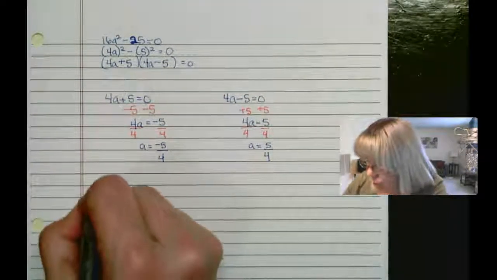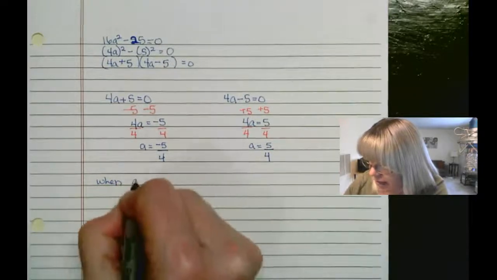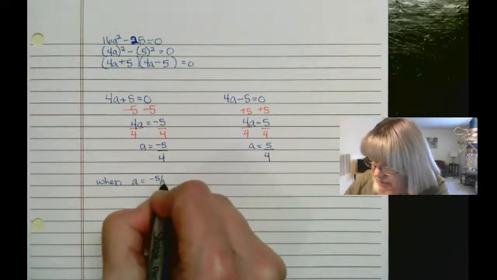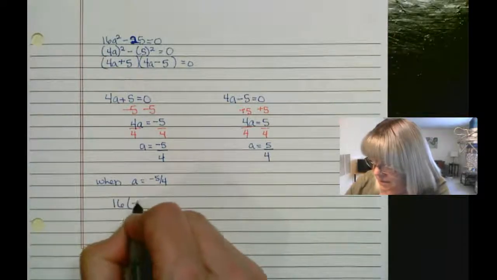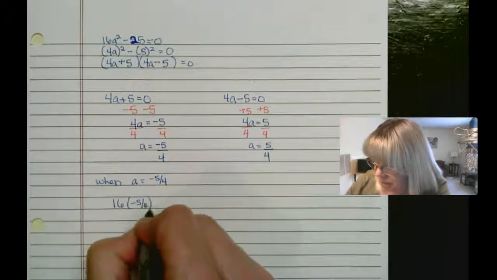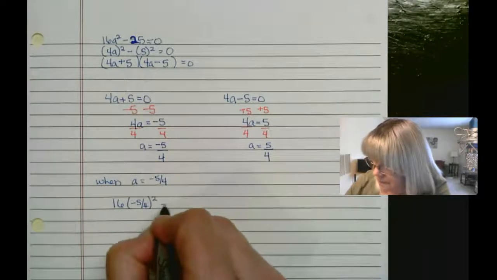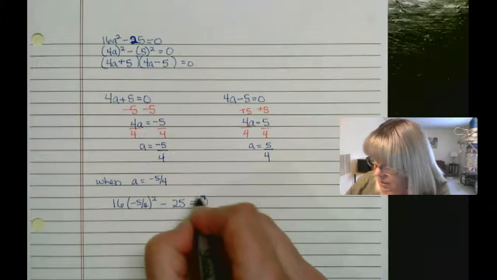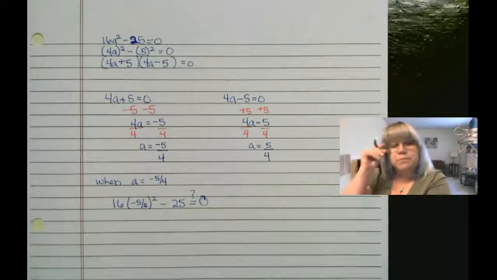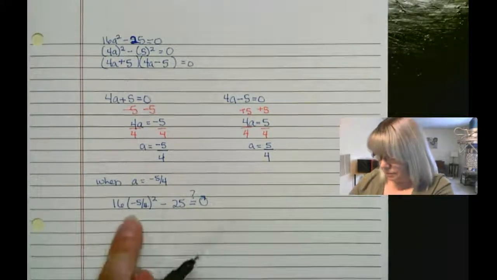When a equals negative 5/4, it's going to be 16 times negative 5/4 squared minus 25. Does that equal 0? Question mark up there. Okay.